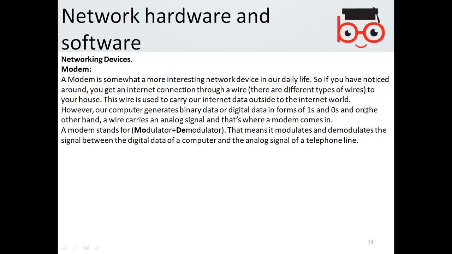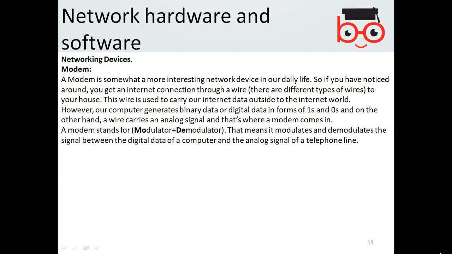On the other hand, a wire carries an analog signal, and that's where a modem comes in. Anything which travels on the wire is analog, and your computer is digital. So how does the digital data of your computer travel into the cables, which are basically analog?